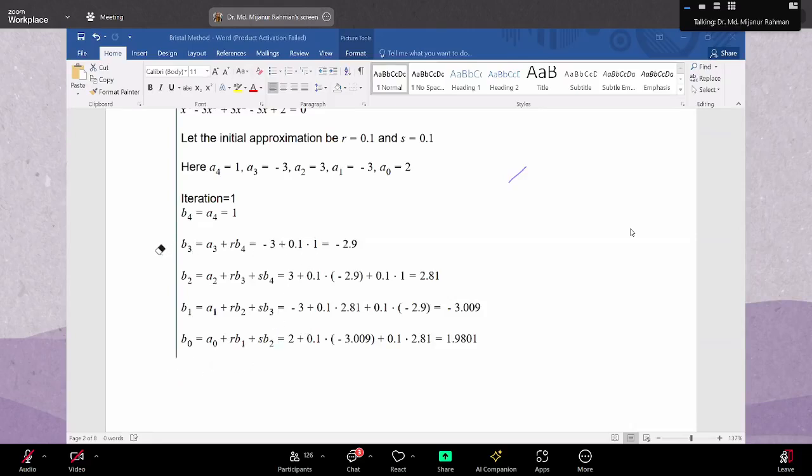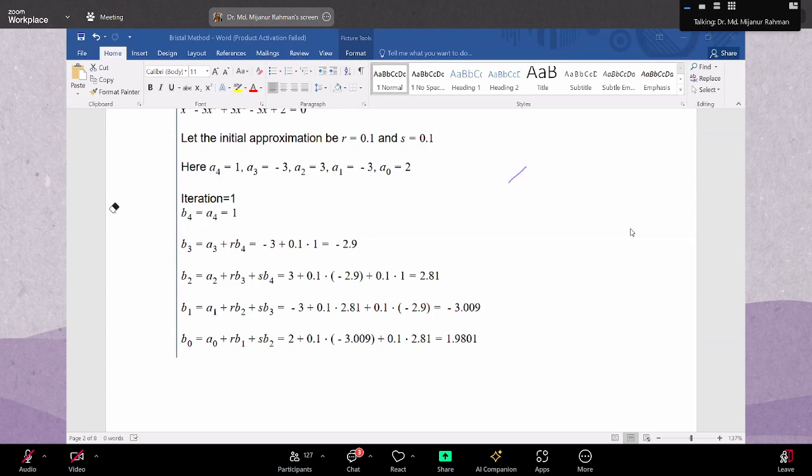So using the recurrence relationship, we can easily determine the values of B3, B2, B1, and B0. This is the key point of this technique. If we can apply this relationship to determine the coefficients of the next equation, our problem will be mostly solved.